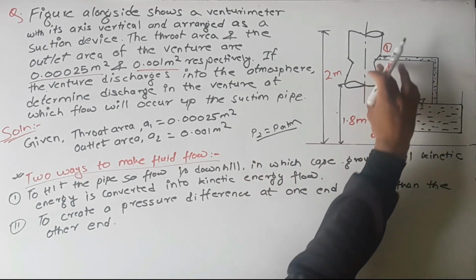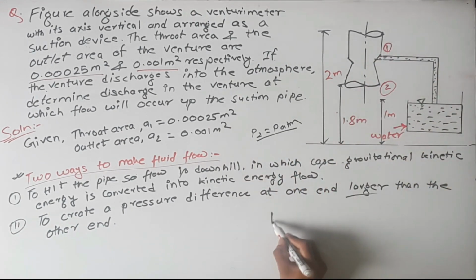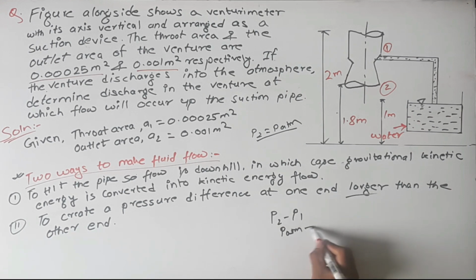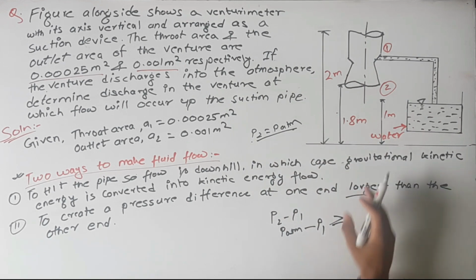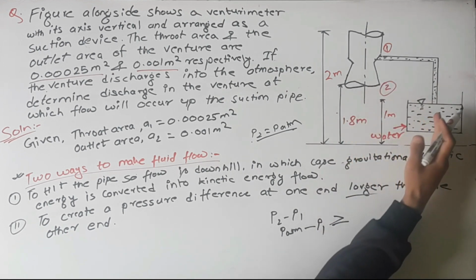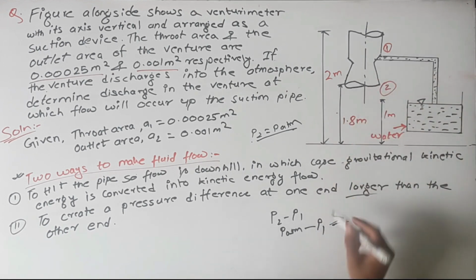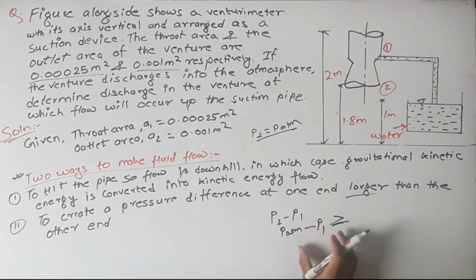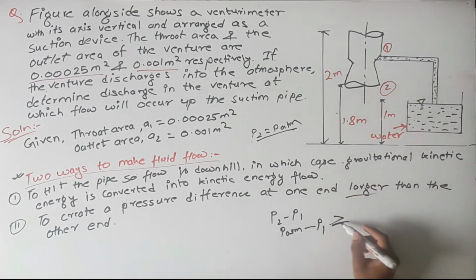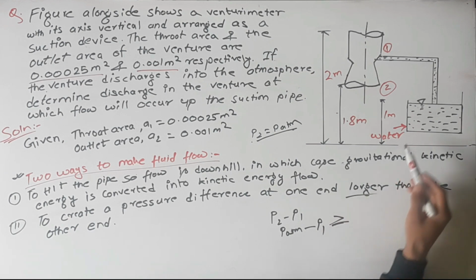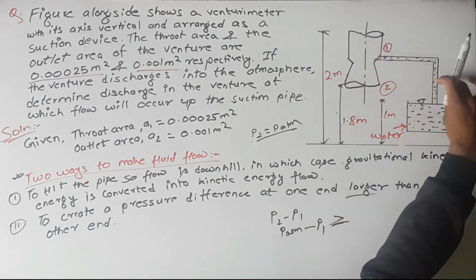And your pressure difference is P2 minus P1, which is PATM minus P1 because P2 is PATM. This must be larger than or just equal to. If this is larger, the discharge is also larger. If this is just equal to, then minimum discharge would occur here.